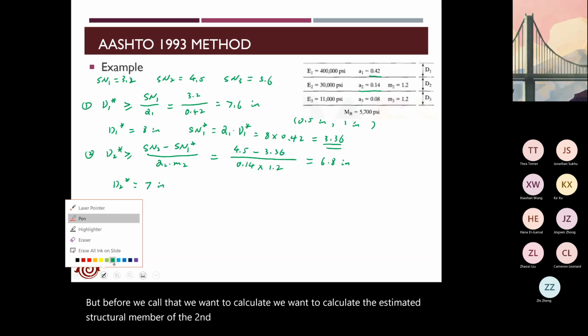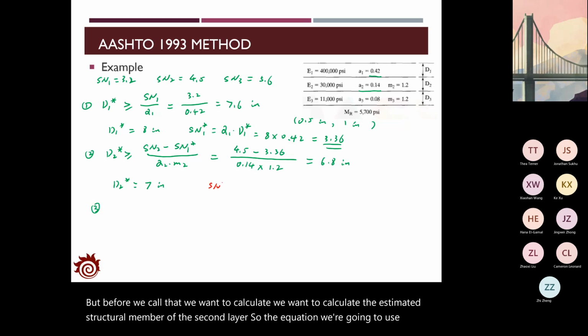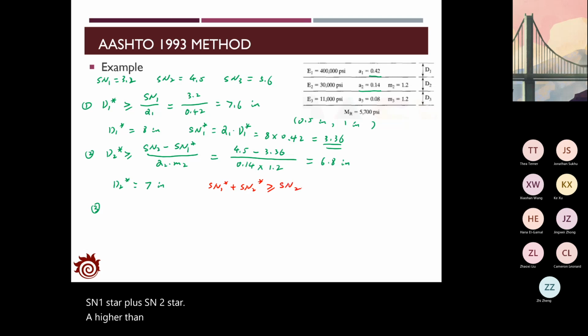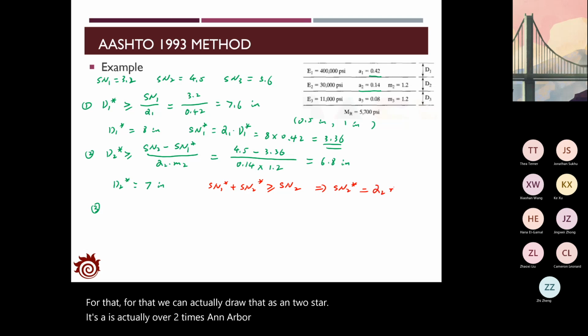So the equation we're going to use is SN1 star plus SN2 star higher than SN2. So for that we can derive that SN2 star is alpha 2 times M2 times D2 star.